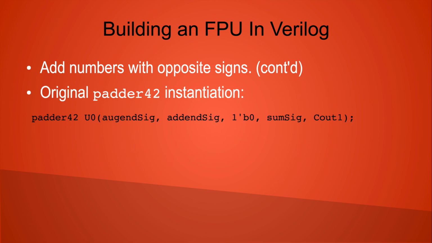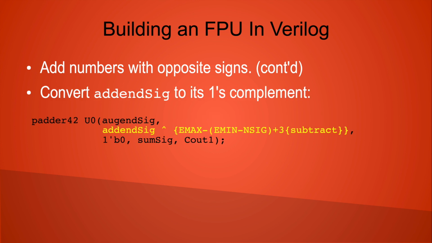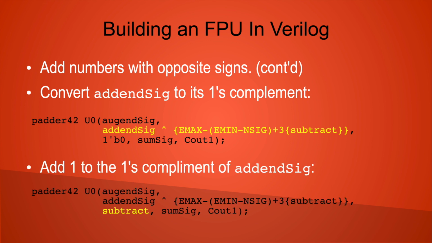Here is our original instantiation of the p-adder42 module. Here's how we convert Addend sig to its 1's complement value using the subtract flag. The next step, adding 1 to the 1's complement of Addend sig to get the 2's complement, can be done by using the subtract flag as the carry in bit.